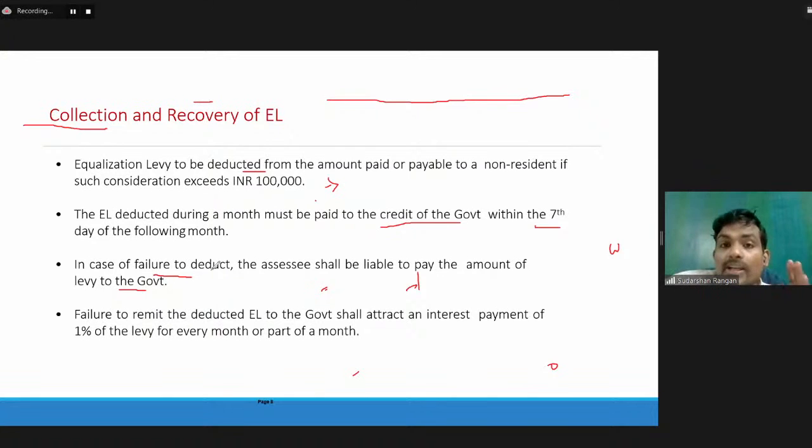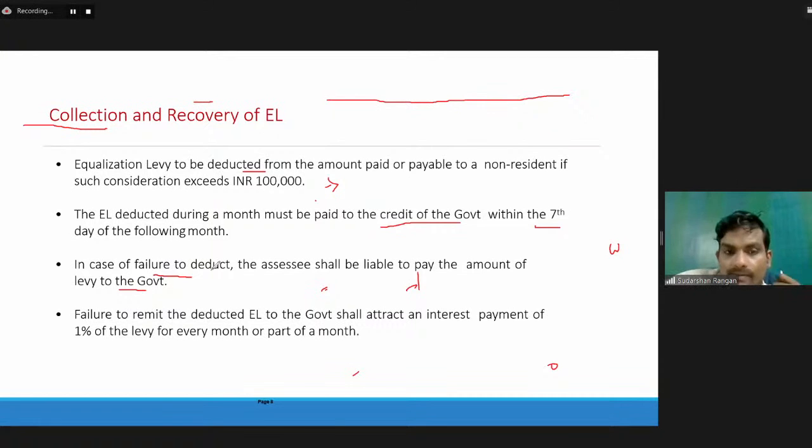That's why, when we advise, we have to be very careful in advising our clients who make these payments to non-residents. Under equalization levy 1.0, that is for the first transaction, which has online advertisement, the Indian assessee, who is the service recipient, should pay the amount of levy when it has failed.